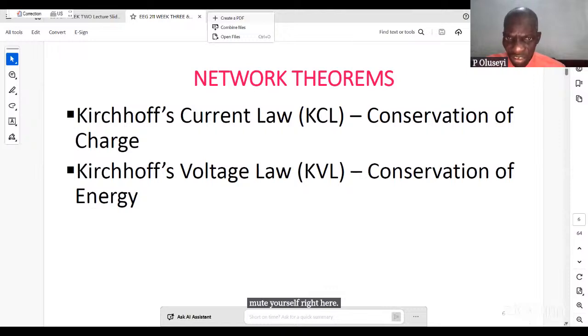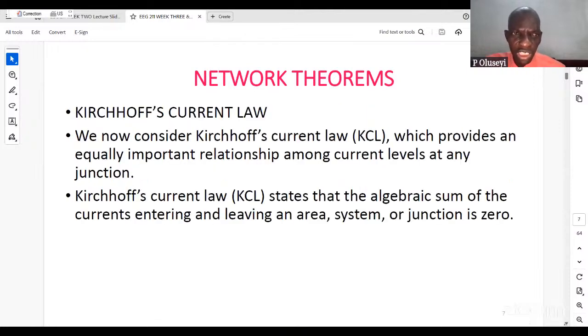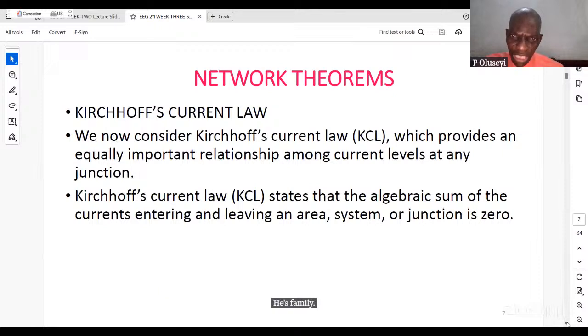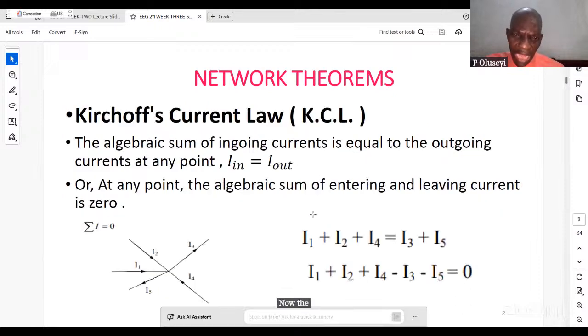So Kirchhoff's current law states that the algebraic sum of all the current entering and leaving an area, a system or a junction is 0. That's Kirchhoff's current law, and it is depicted in this diagram.